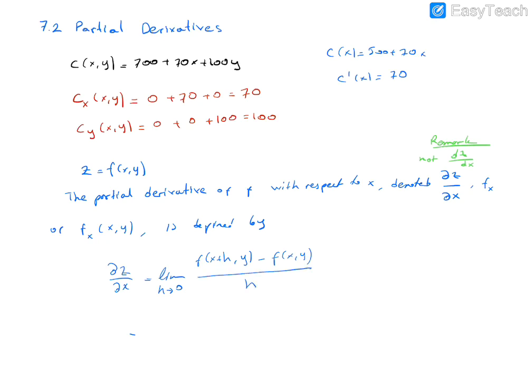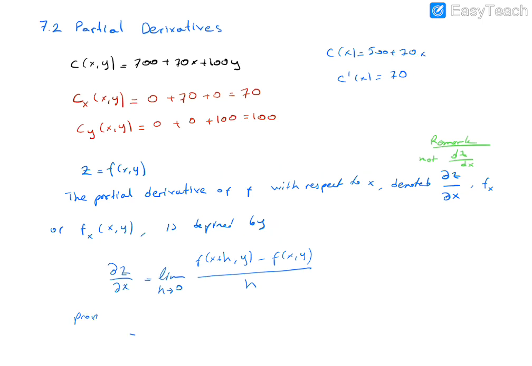If you don't see the y variable, we don't focus on y, so this is just the derivative of f with respect to x. But here f has two variables, so we show the y here, and we consider y as a constant. So provided this limit exists, we can say this is the partial derivative.